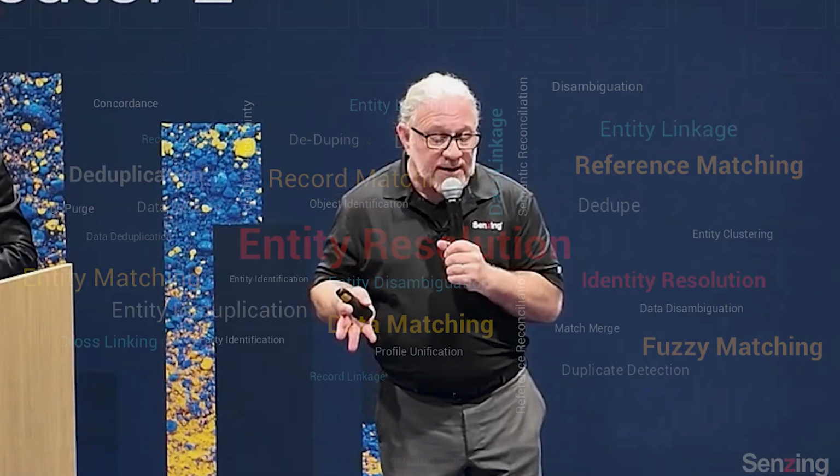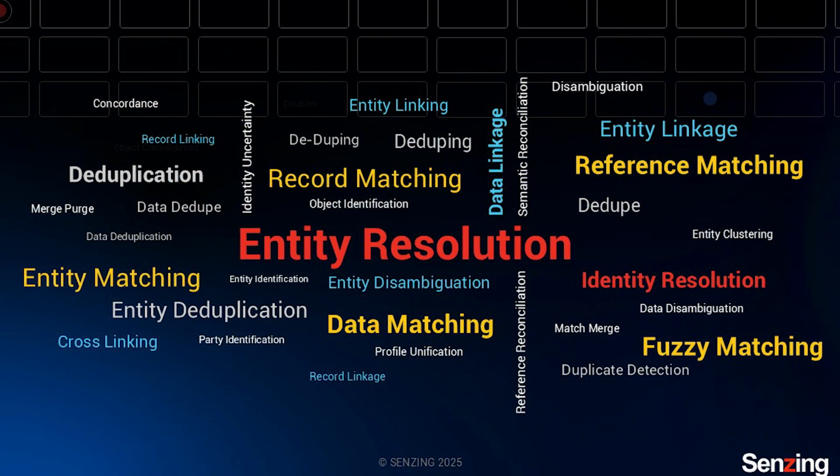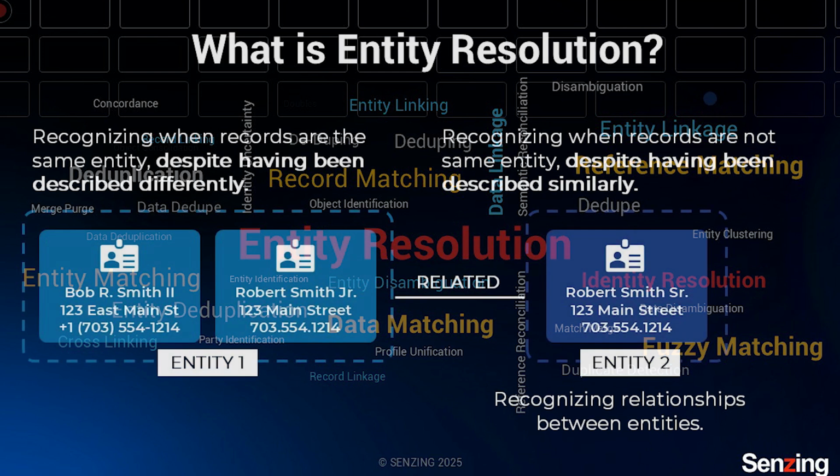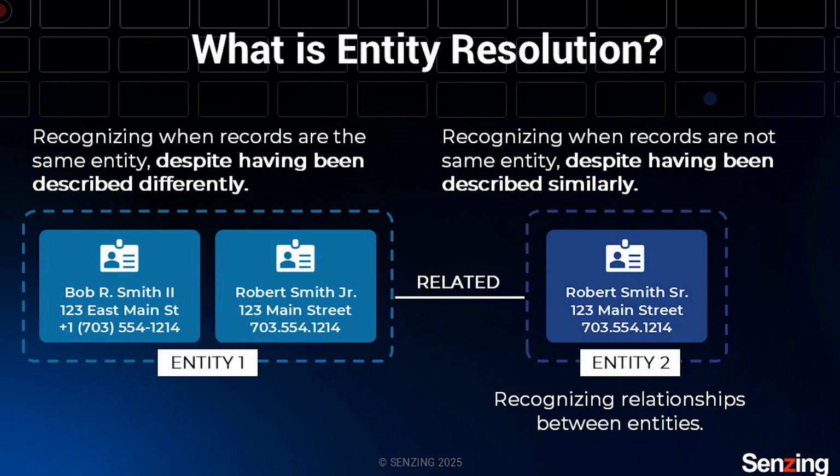So entity resolution goes by a number of different names. You'll probably hear about deduplication or disambiguation or entity matching. And also there's a lot of important use cases. But I want to try to illustrate how this works, some of the important concerns. So on the left side, you've got a couple of records.